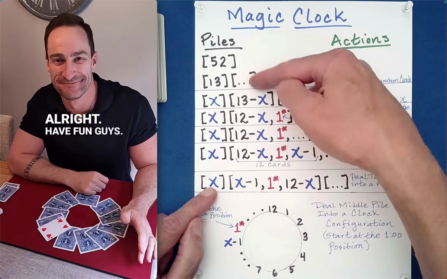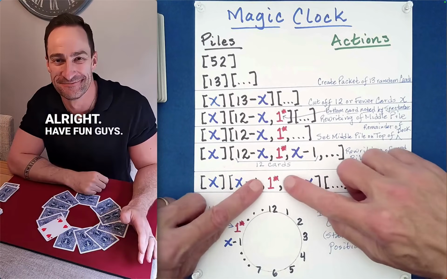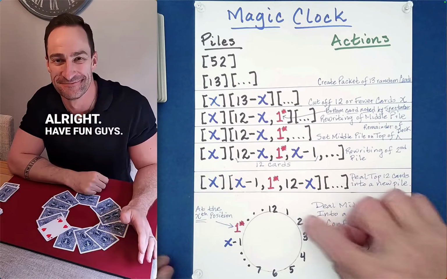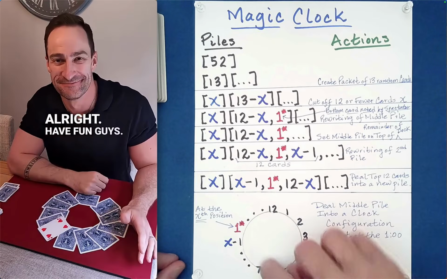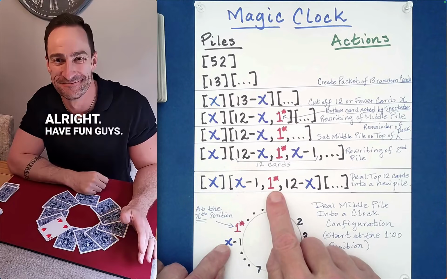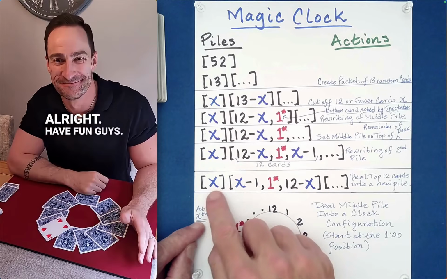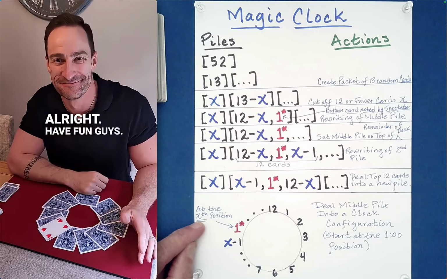And then at the end of the proof here, we find that there'll be X minus 1 cards above the spectator's card, which means you'll go 1, 2, 3, 4, 5, 6, and then you'll get up to X minus 1, and the next card will be the spectator's card, and it is in position X. So the Xth position of the clock means that the number of cards that they cut, which is equal to X, will actually locate the position of the spectator's card within this 12-hour clock. Really cool.